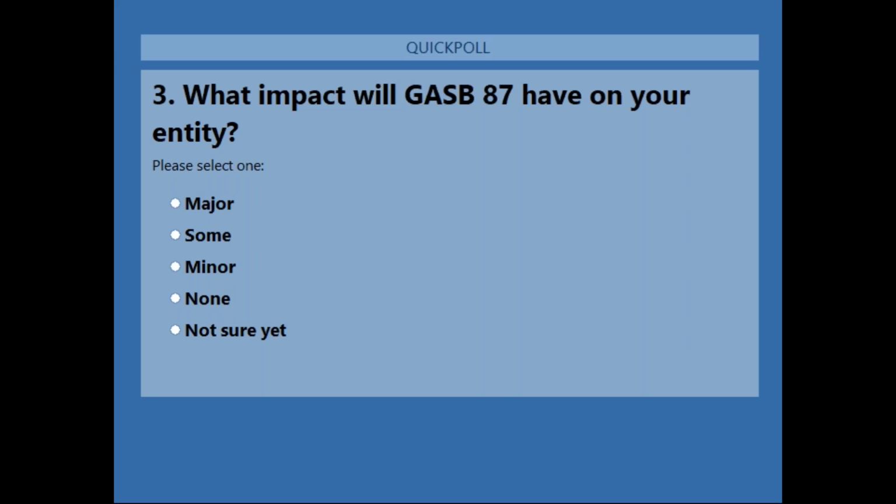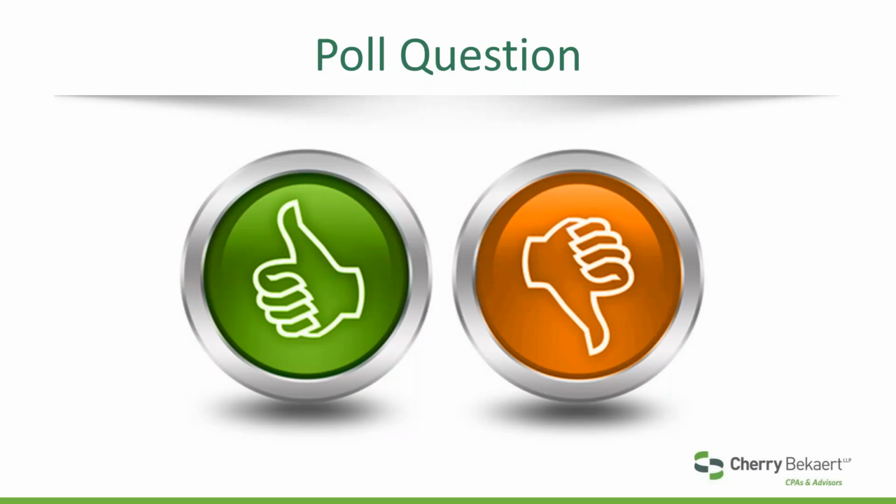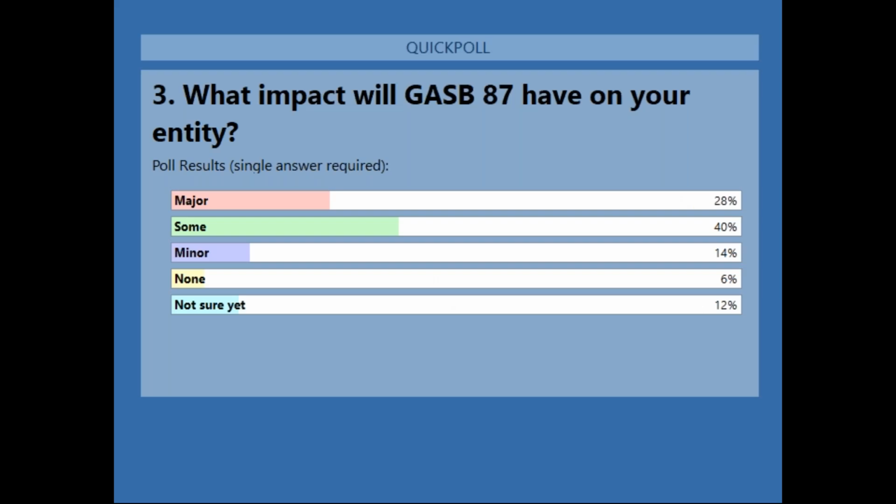Okay, it looks like the numbers have stopped climbing, so let's go ahead and close out that poll. Again, some is the highest level here. We have 40% of people saying some, and there are a significant number that say major, and I do think that is going to be true. So make sure that you look at that early. We don't want to wait until the auditor is showing up in the year it needs to be implemented.